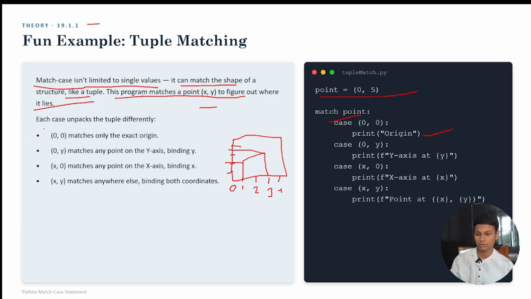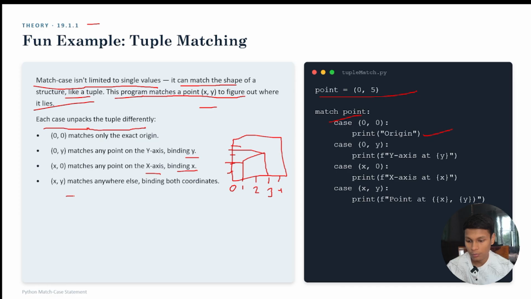Now each case unpacks the tuple differently. Like 0, 0 matches only the exact origin, 0, y matches a point on the y axis, and x, 0 checks the x axis, binding x, and here we are binding y.